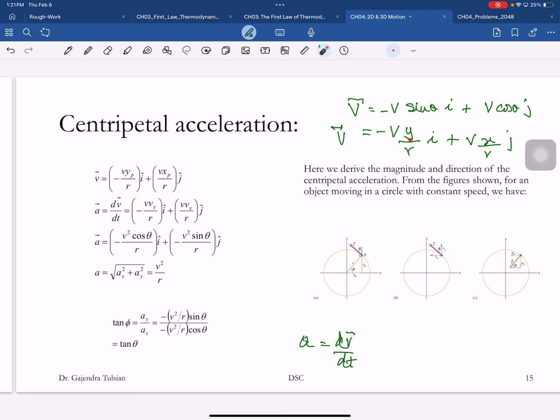Is y changing? Yes, as you're going around, the y coordinate is changing. And x is changing. So a is equal to minus v over r dy by dt i plus v over r dx by dt j. What is dx by dt? That's the x coordinate of the car changing with respect to time. That's the x component of the velocity. This is the y component of the velocity.